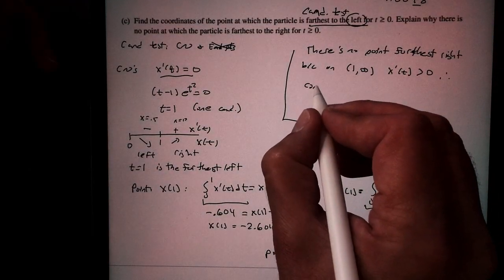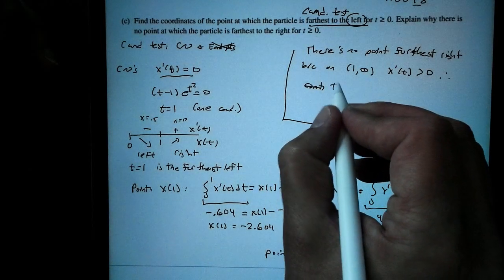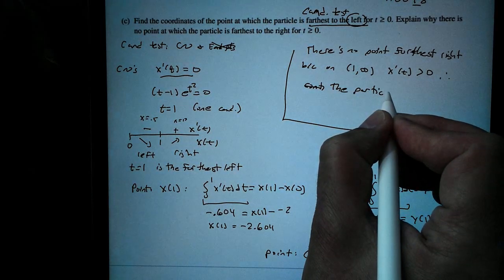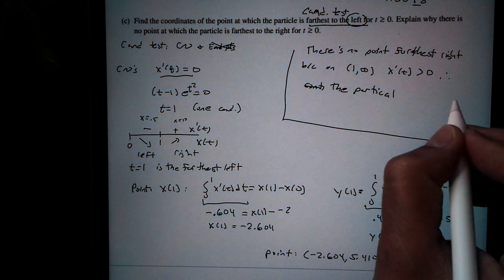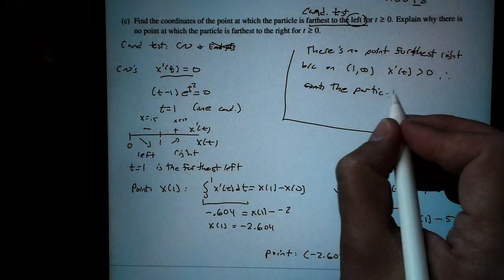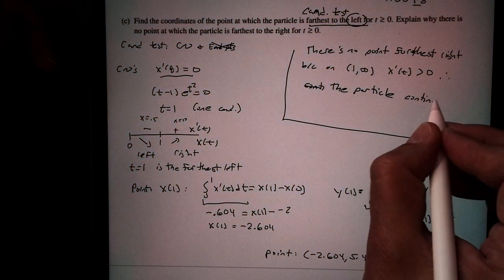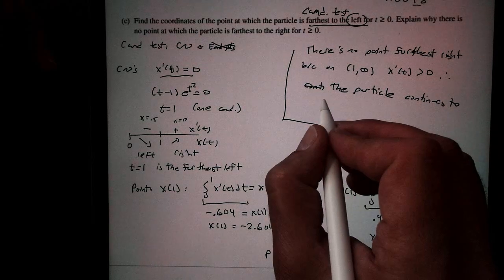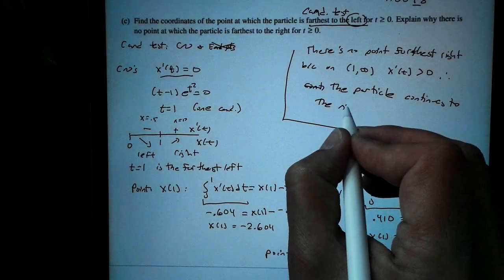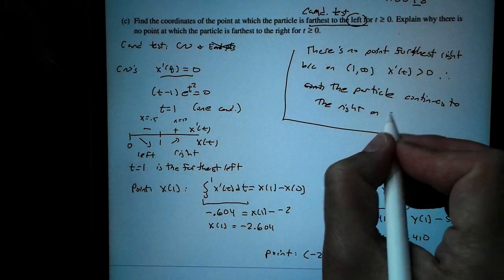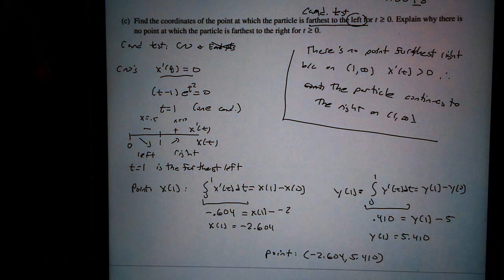Therefore, the particle continues to move to the right forever on the domain 1 to infinity. That's what it means there.